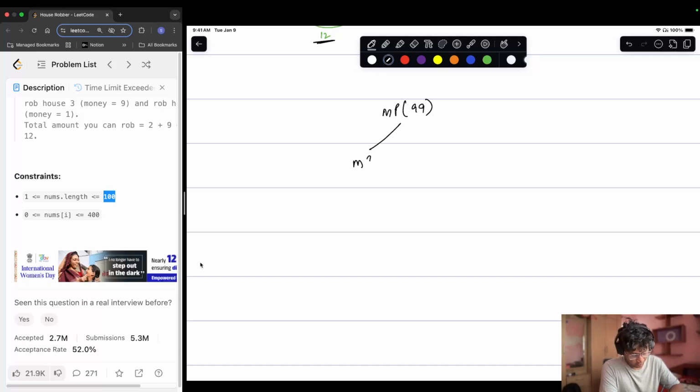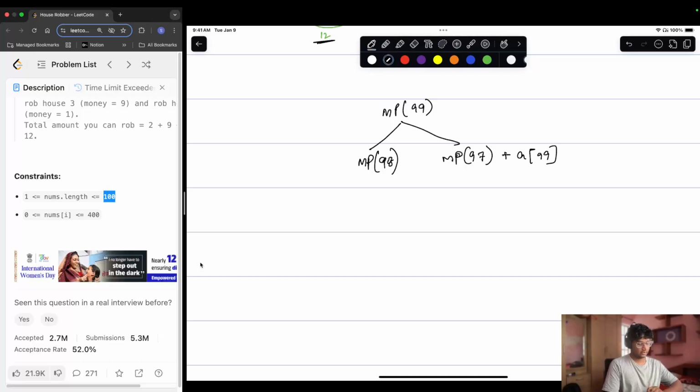The max profit of 98, or max profit of 97 plus A of 99, right? What about this? The same thing: max profit of 97 or max profit of 96 plus A of 98.